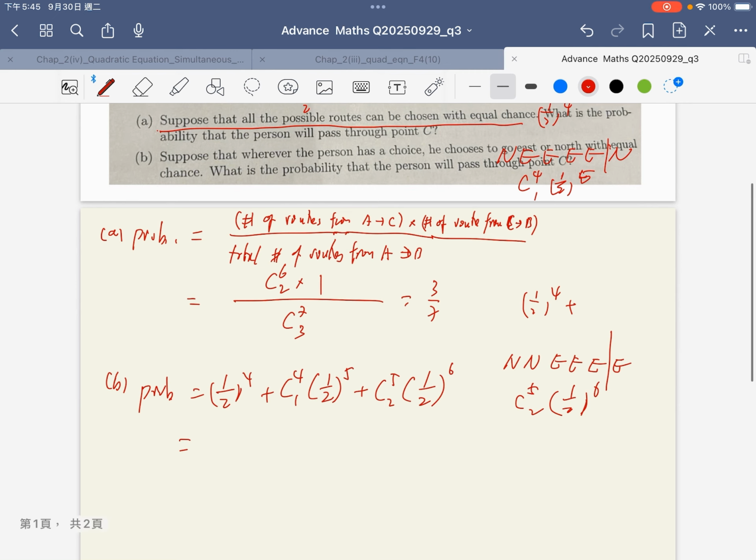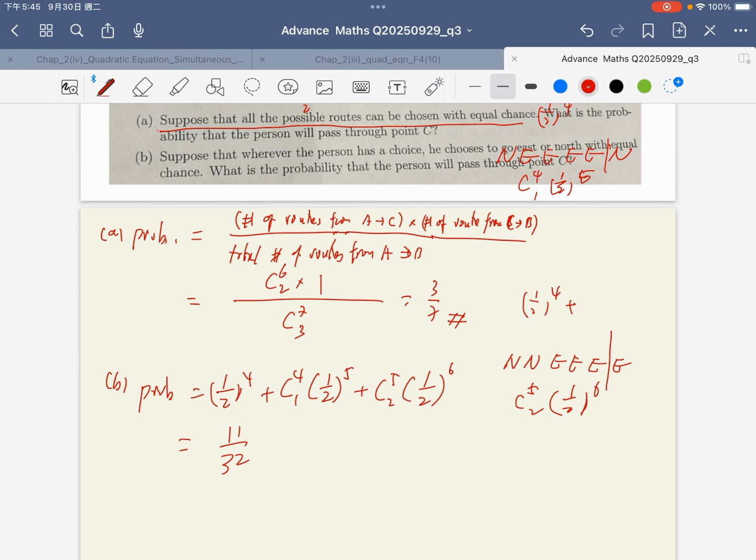I hope the answer is the same, but let's look at this: 1 over 2 to the power 4 plus 4 times 1 over 2 to the power 5 plus 5C2 times 1 over 2 to the power 6. It is so crazy, they are not the same.